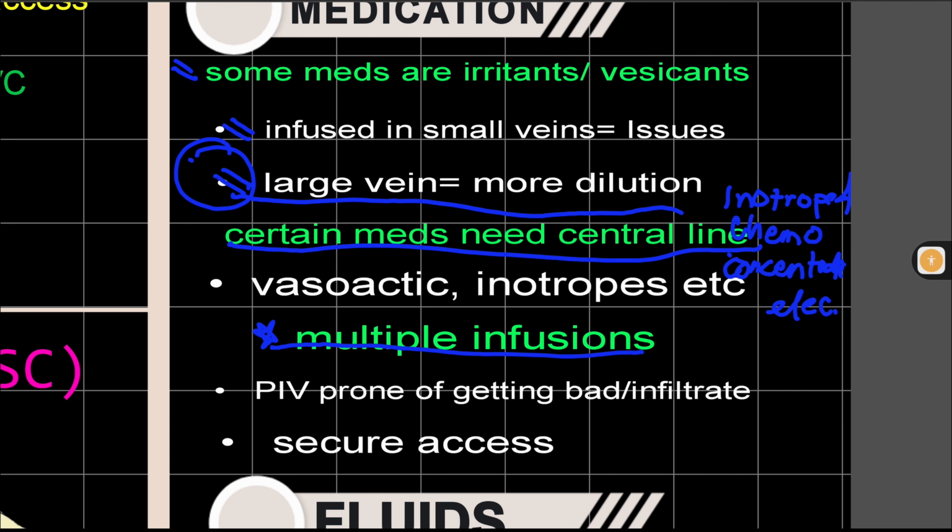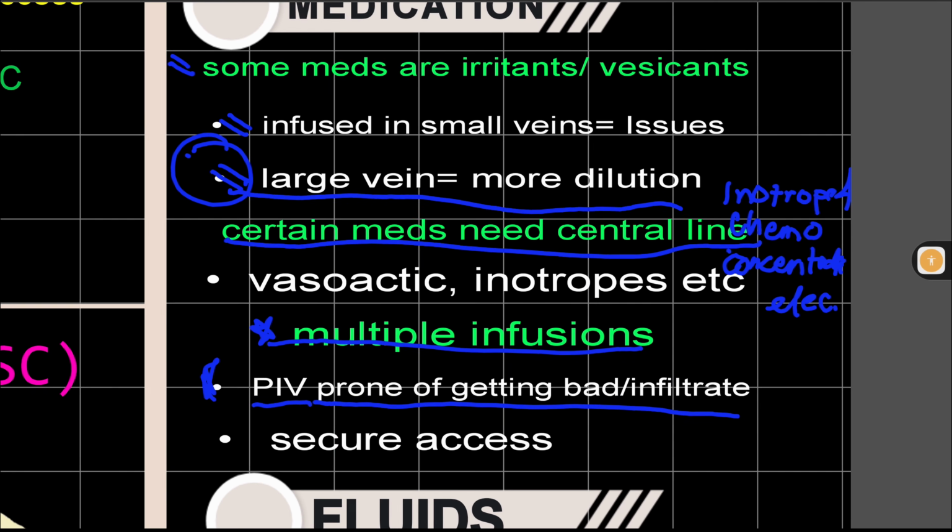Now, a peripheral IV is prone to getting bad or infiltrating, and this infiltration can actually lead to extravasation kapag hindi napabayaan, especially if you're giving chemotherapy medications. This is very dangerous to our patient.